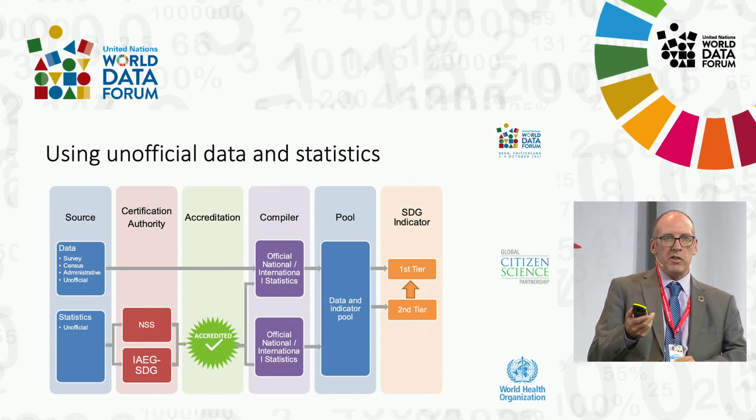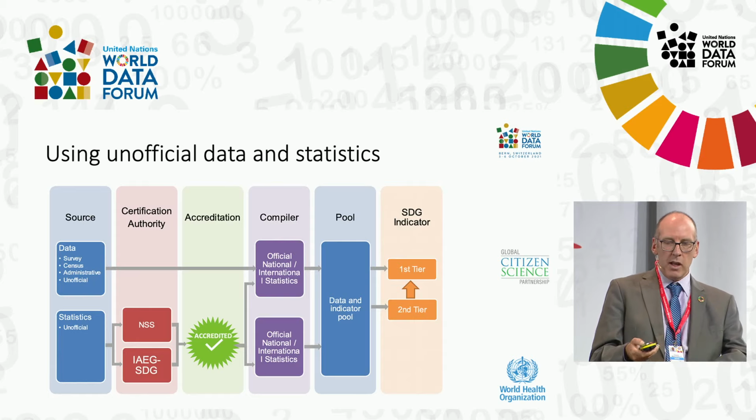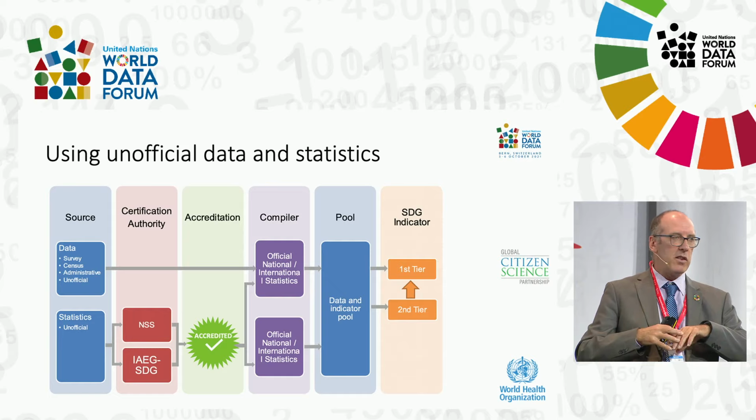One of the main criticisms that we've got for this idea on the online platform is how would this work for developing countries who are already struggling to do this? And in fact, this is possibly where the Global Citizen Science Partnership could play a really pivotal role, because prior to this, citizen science has been a fragmented community of different scientists around the world.